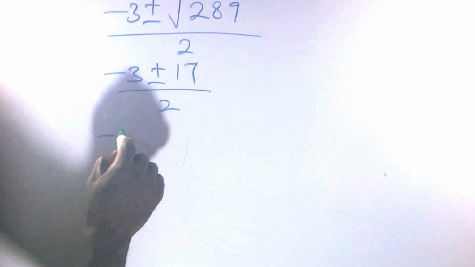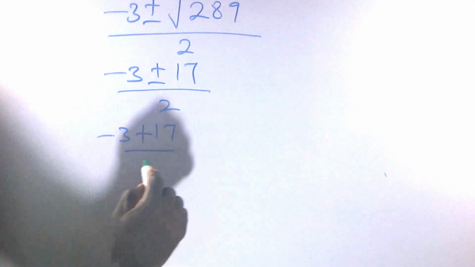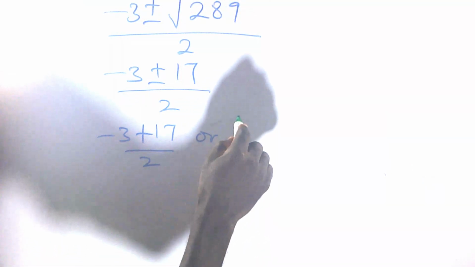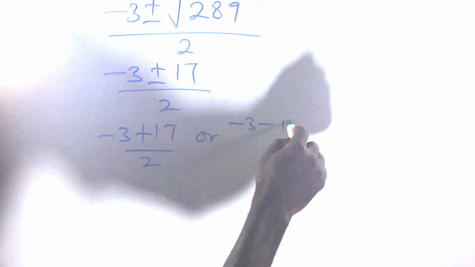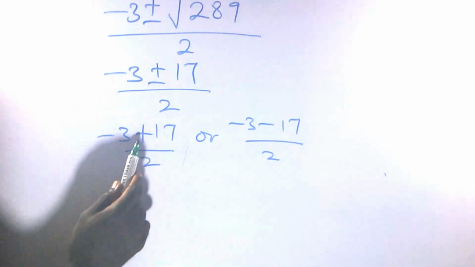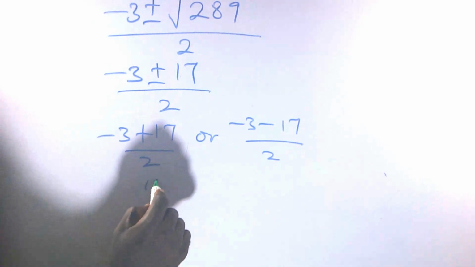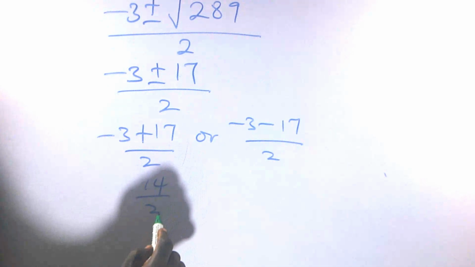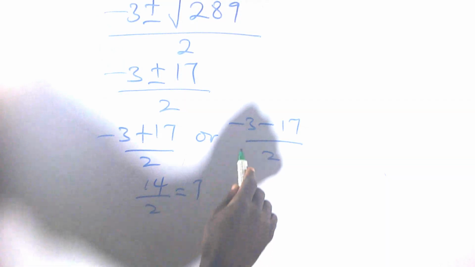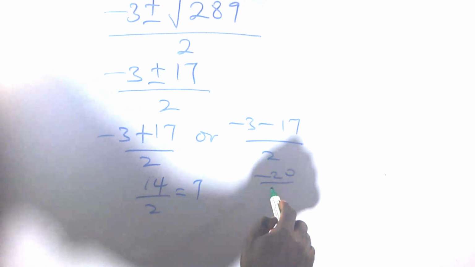So we have minus 3 plus 17 over 2, or minus 3 minus 17 over 2. Minus 3 plus 17 is 14 over 2. It's going to give us 7. Minus 3 minus 17 is minus 20 over 2.